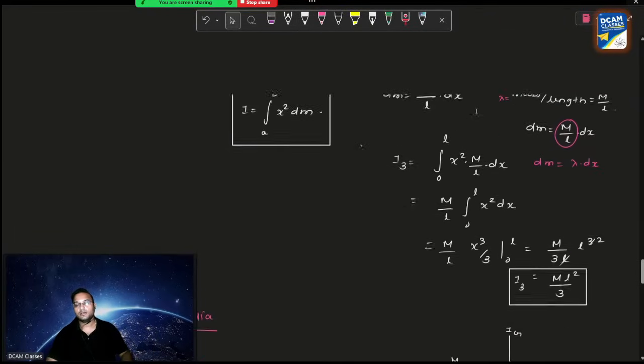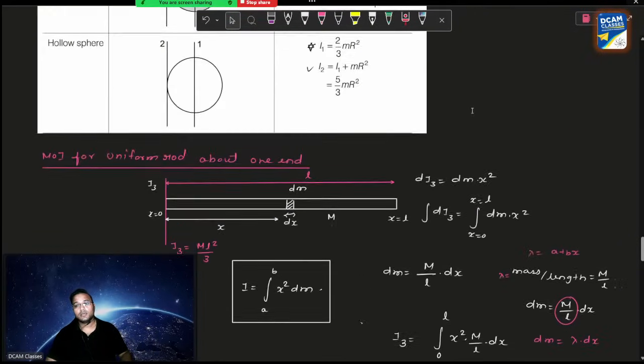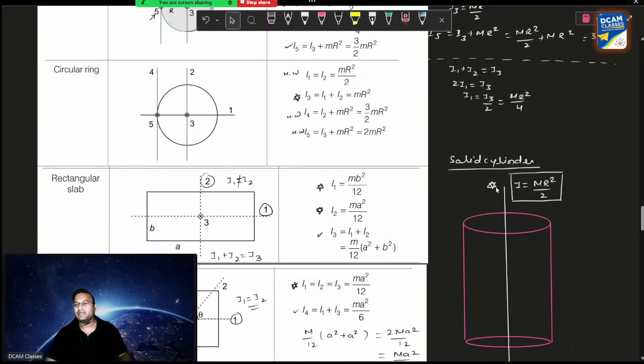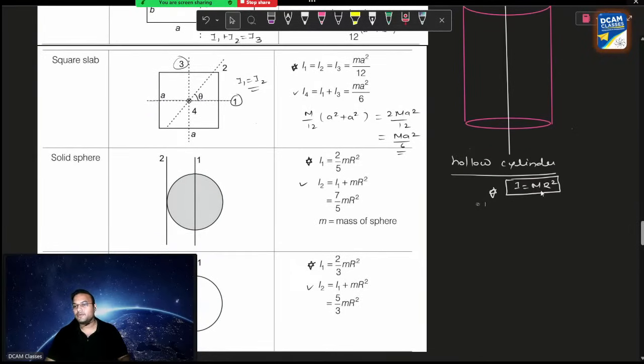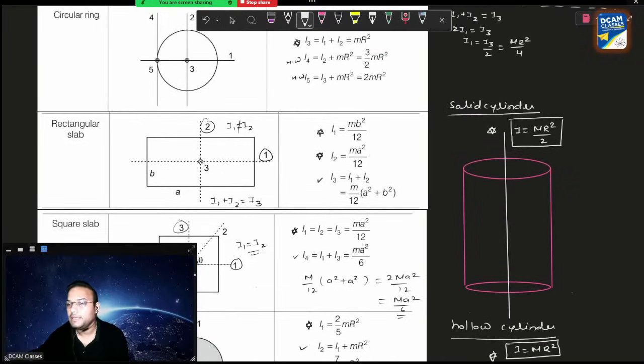Now, what will be the derivation for the hollow cylinder? For derivation, take any mass dm at this end. Each mass is at a distance of r from this axis. So if you take all the masses, each mass is at a distance of r.